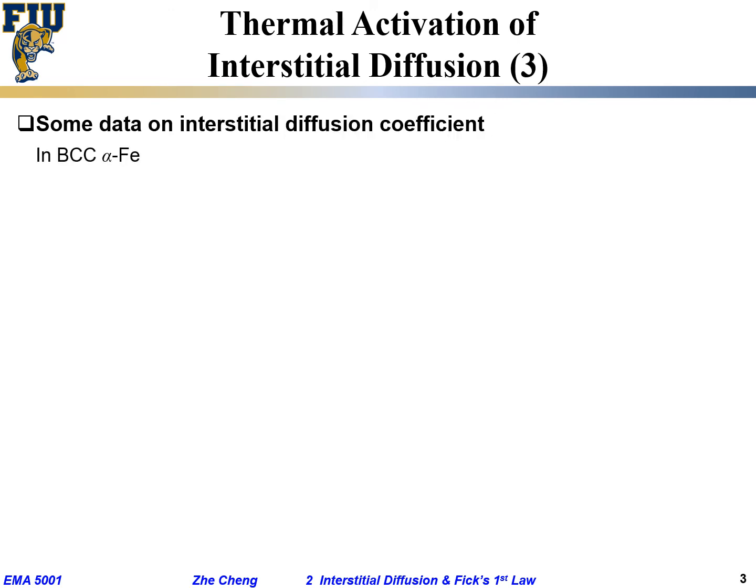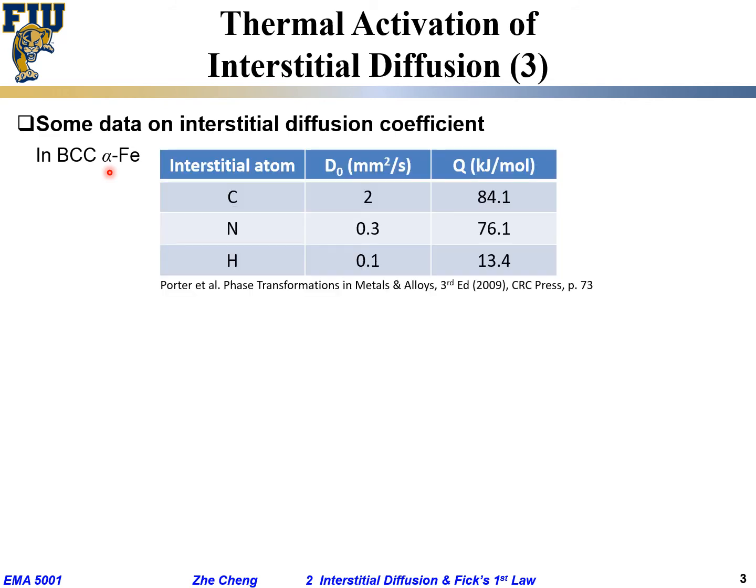So now let's look at one particular example about the temperature effect on the interstitial diffusion coefficient. What we are looking at is BCC alpha iron, the iron that has a body-centered cubic structure, and we have a table that lists D0, what we call the frequency factor, which has the same unit as the diffusion coefficient, meter square per second, or in this case millimeter square per second.